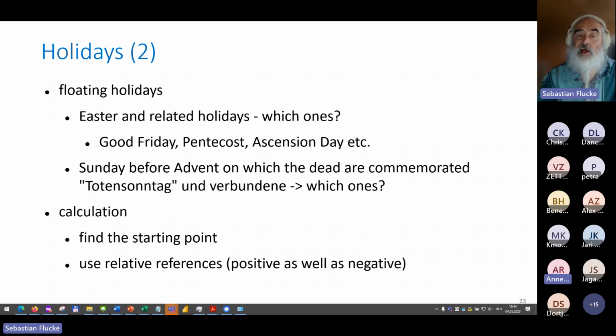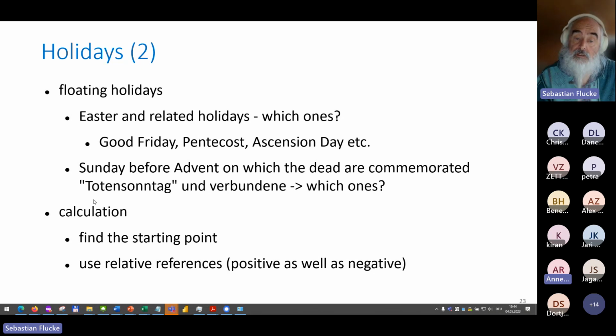Holidays related to Easter are, for example, Good Friday, Pentecost, Ascension Day, and a bunch of other things. In Germany also things like Carnival, Fastnacht, Rosenmontag. Maybe you heard of that strange kind of holiday. All such holidays depend on Easter Sunday.